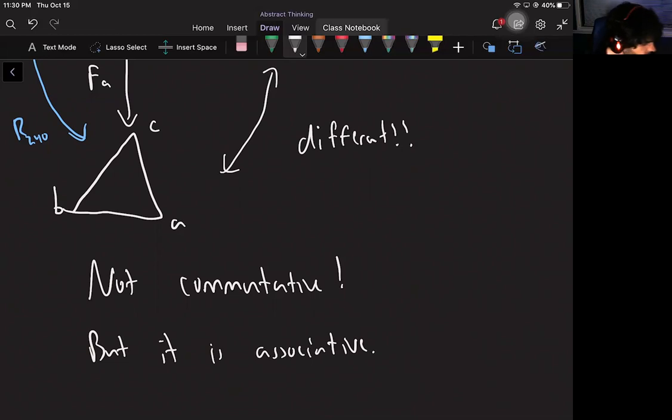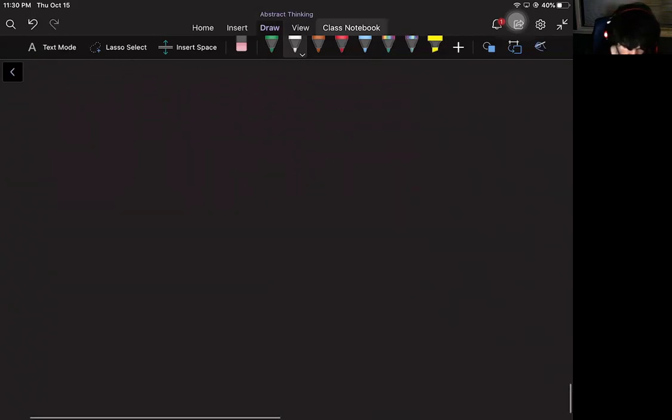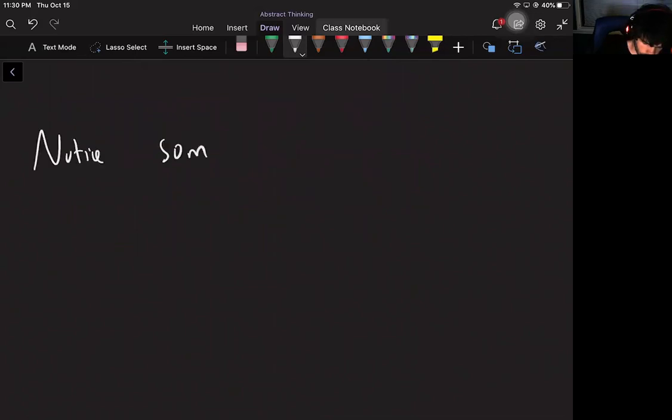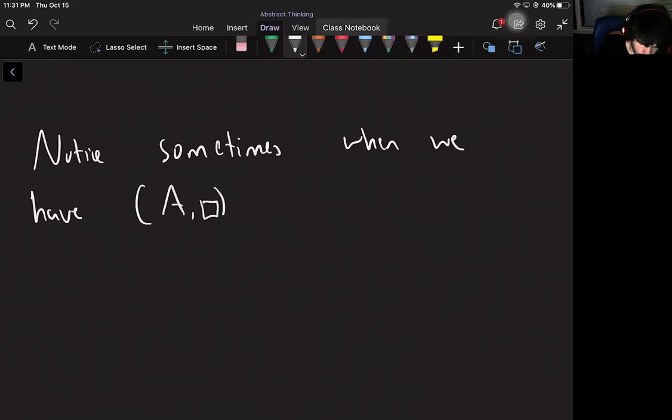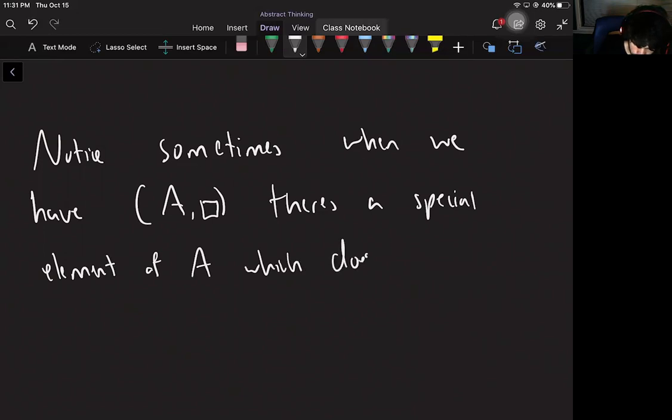Okay, so the next thing we want to do is notice some other interesting patterns about operations, and then we'll come back to this example. So notice sometimes when we have a set and operation together, there's a special element of A which does nothing.